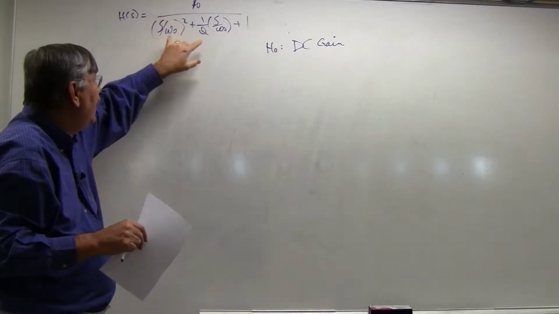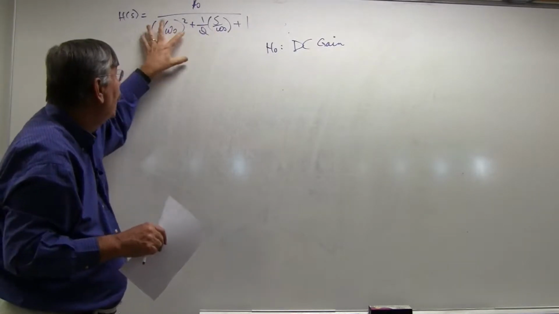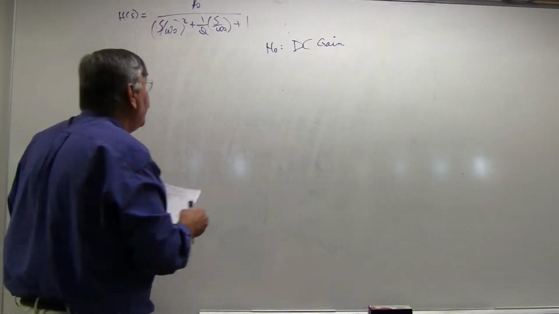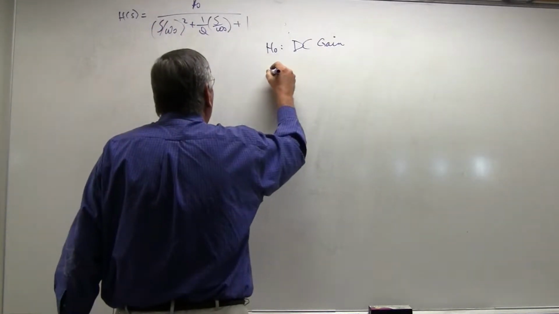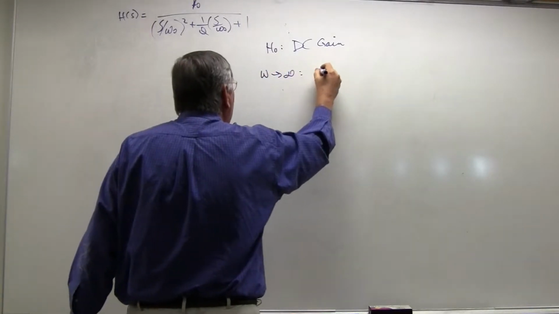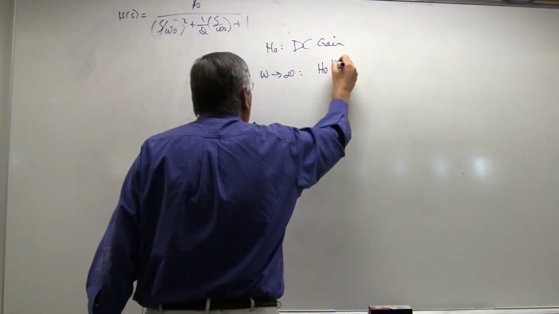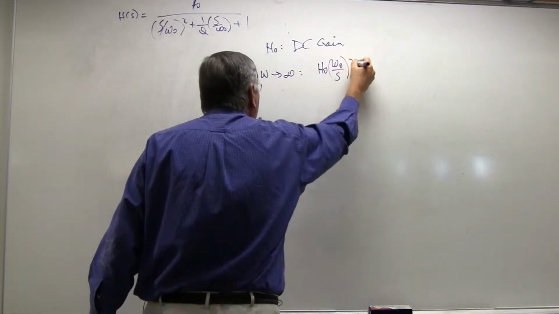This term is much bigger in magnitude than this term, which is much bigger than this term. So this term dominates. At sufficiently high frequencies, as omega goes to infinity, the gain becomes inversely proportional to it. The gain goes as H0 times omega naught over s, quantity squared.